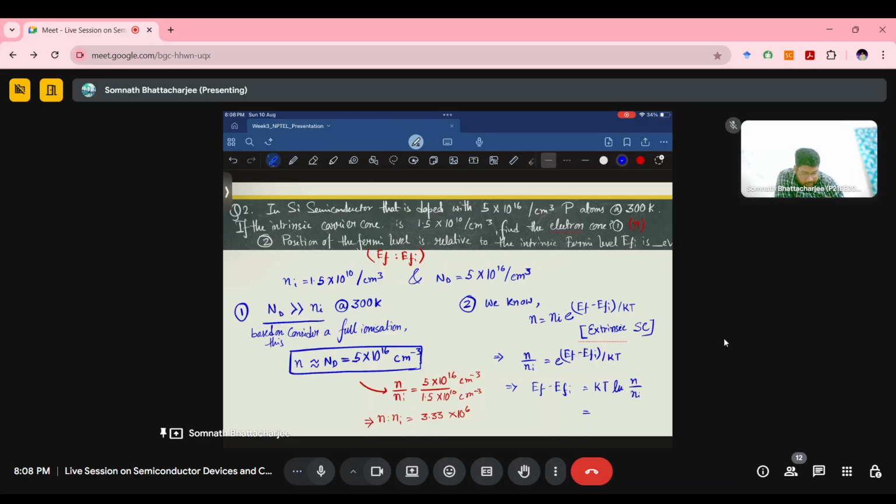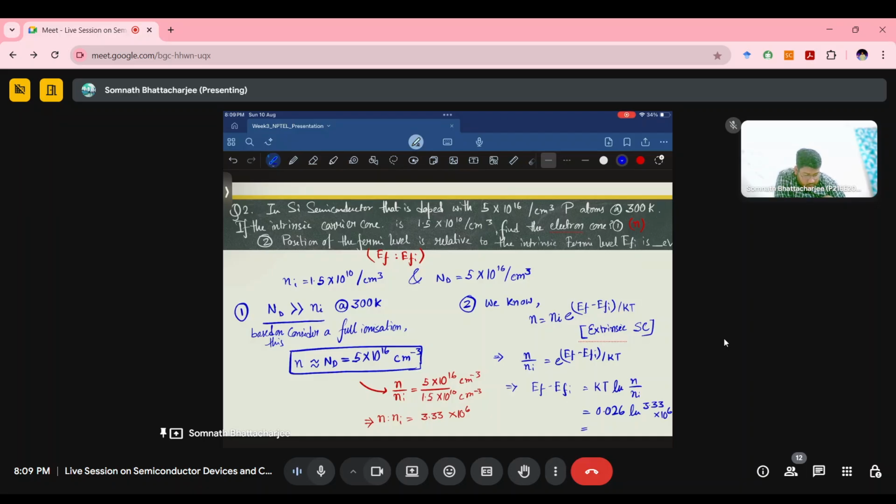So this is nothing but 0.026 and ln of 3.33 multiplied by 10 to the power 6.